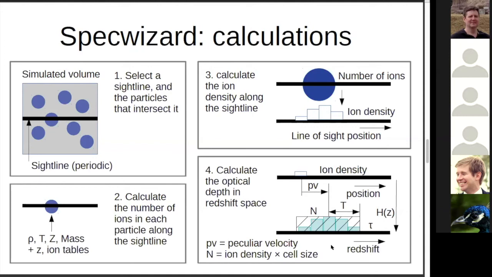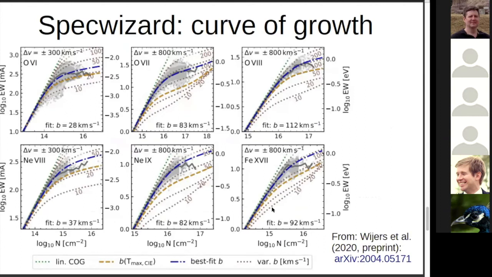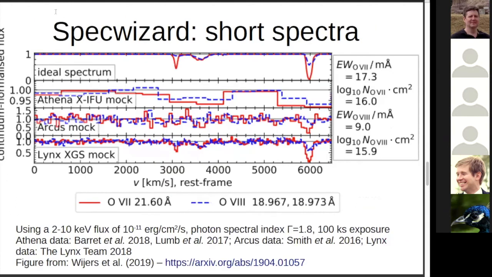Just as an example, to shamelessly plug my own work as well, this is an example of something you can do with these short spectra. If you look at the top panel here, that's showing a 2 kilometers per second resolution spectrum from SpecWizard. This is for the oxygen 7 line, and then for oxygen 8, I took the optical depth spectrum that was directly output, and then I also shifted and rescaled those optical depths to get this second doublet component here.